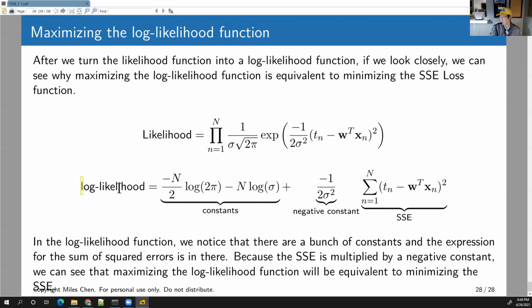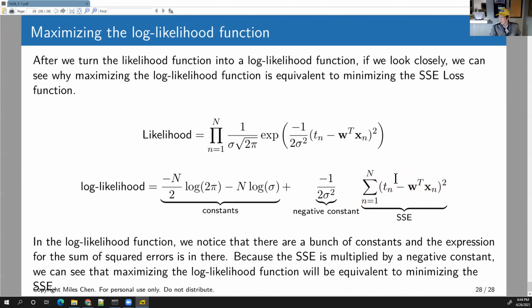And therefore, when we're trying to maximize the log likelihood, that's exactly equivalent. This is going to be maximized because it's multiplied by a negative here. It's going to be maximized at the same spot where this quantity is minimized. So when we minimize the sum of squared error, it's exactly equal to maximizing the likelihood and the log likelihood, because this is the sum of squared error here.